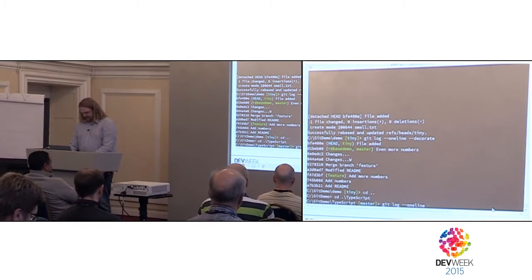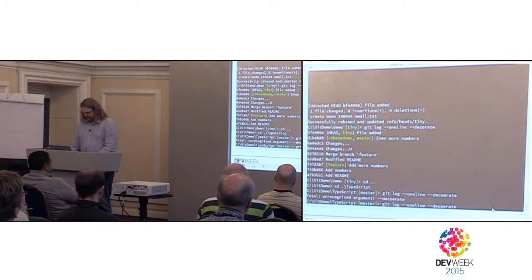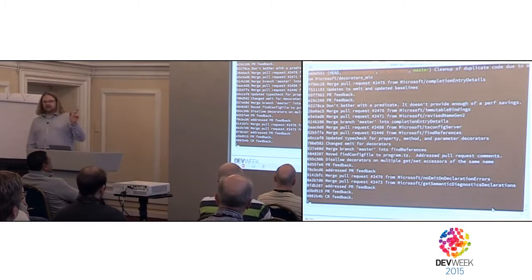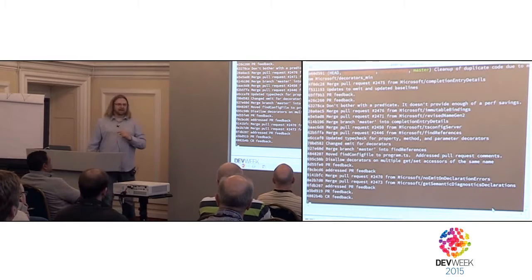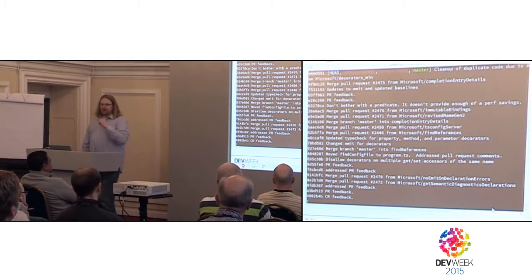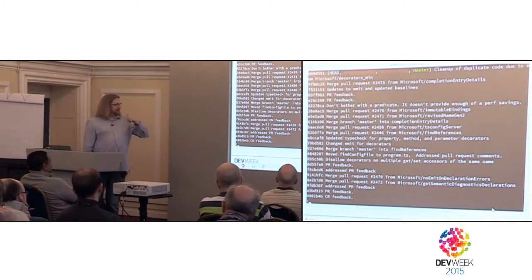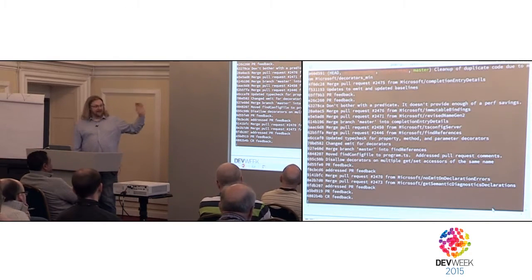But that one line, decorate. No, I can't type. All those changes, every single one of them, has been pulled down from GitHub. And they're on my local file system. So I can do whatever I need to do with that file system at that particular point in time. I can check out, I can branch, I can do anything I like to the repository, and it's all here. Right? It is a clone for a reason.